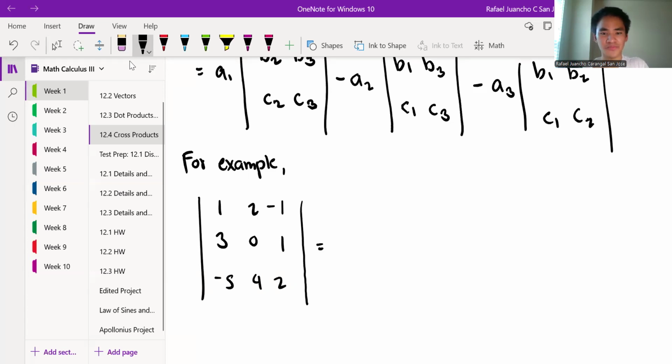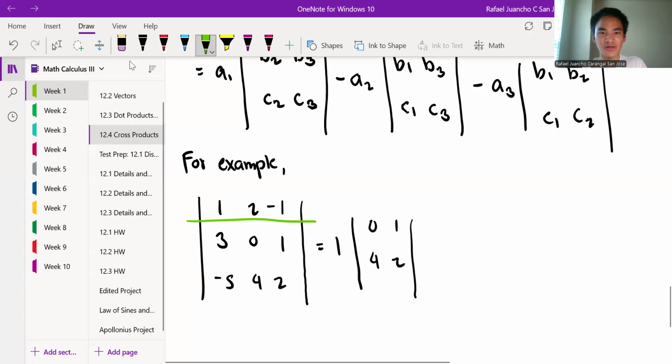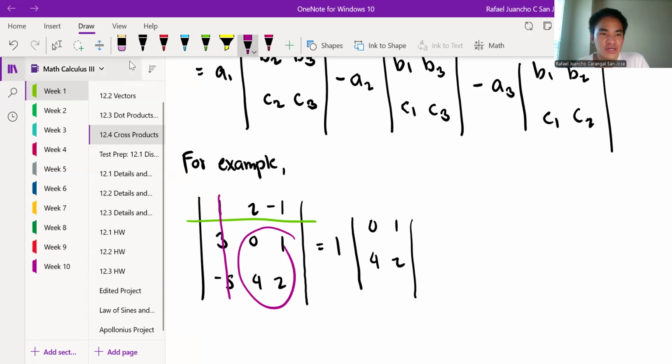Again, we do that same format we did a while ago. So we're going to do 1. We get rid of everything in this column, right? So we have 0, 1, 4, 2, because we think of this as our headline again. So we take out 1, we take this out, so we're left with this, which we're just going to write up.